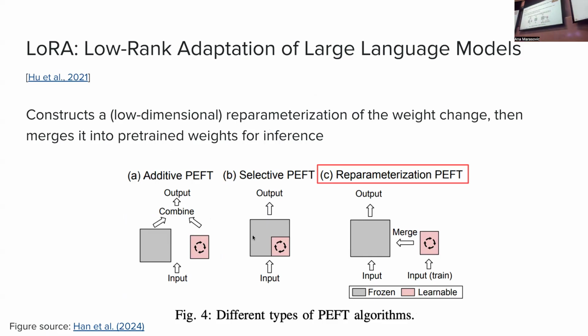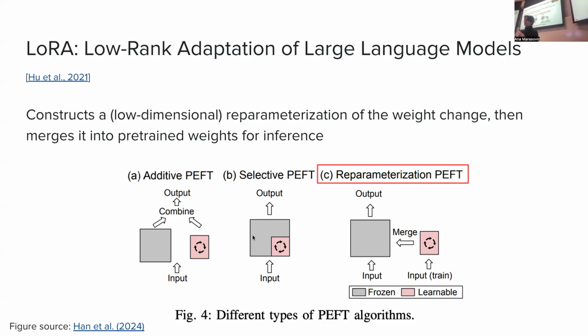I'm trying to be really ambitious here, I see, and explain LoRA in like 4 minutes, but here we go. We can come back to it if it isn't clear. LoRA works by constructing a low-dimensional reparametrization of the weights.